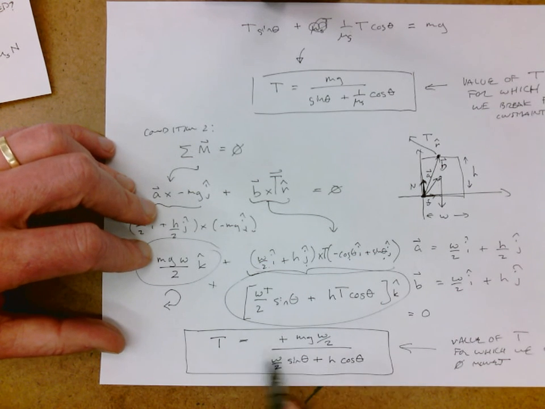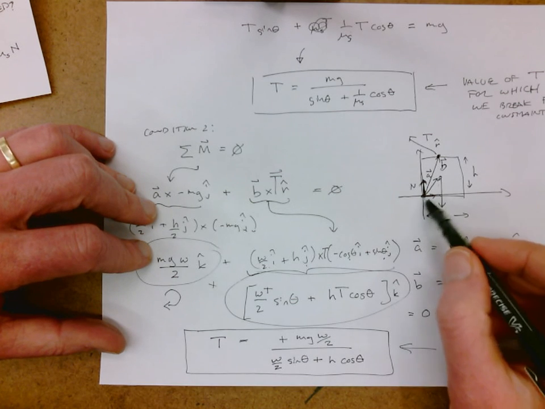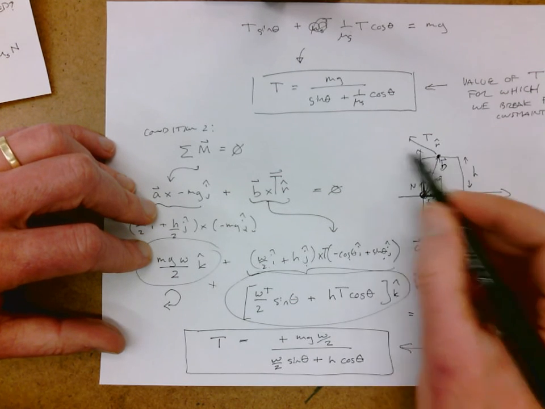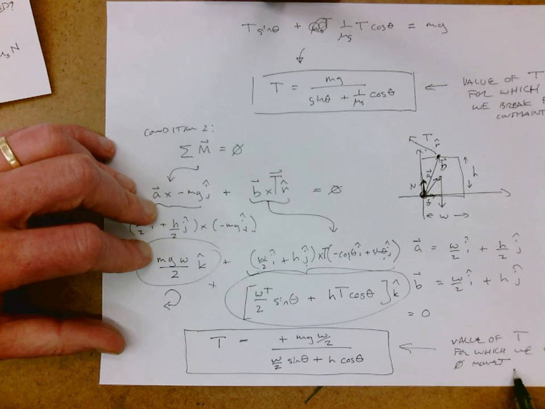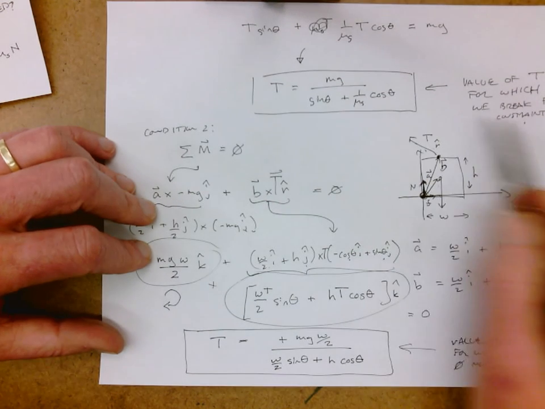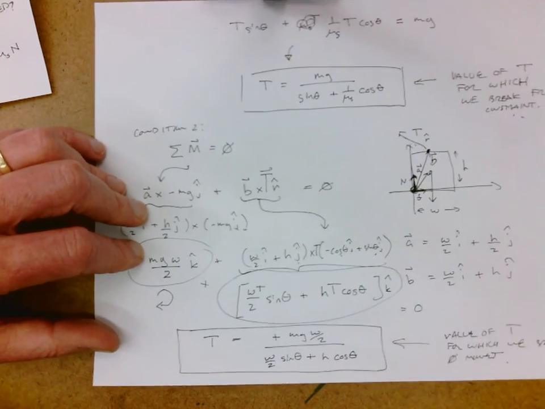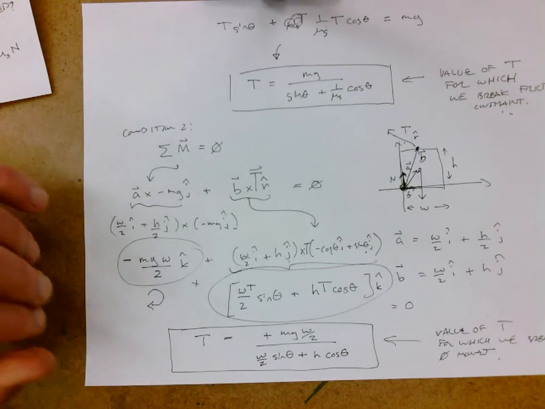And that's if we rotate enough about this point, or provide enough moment about that point with the tension force. That's one way that we can cause it to move. And the second way that we can cause it to move is if we provide enough tension force to actually break the frictional constraint. So I've now gone on for 20 minutes on this problem.